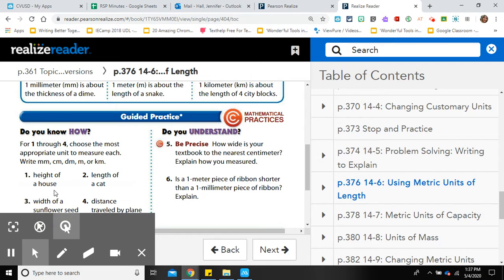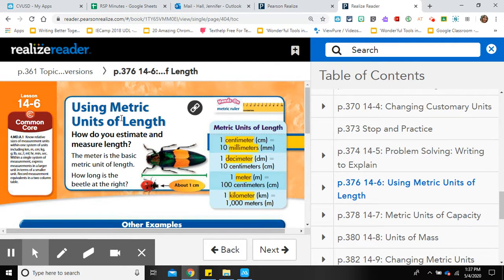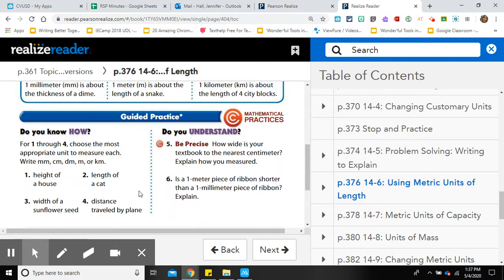Okay, so if we look at kilometers, going 4 blocks, that's a lot longer, right? That's our longest way of measuring when we're using metric units of length. And so kilometers would be the way that we would measure the distance traveled by a plane.